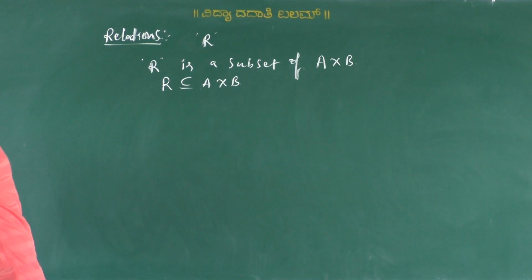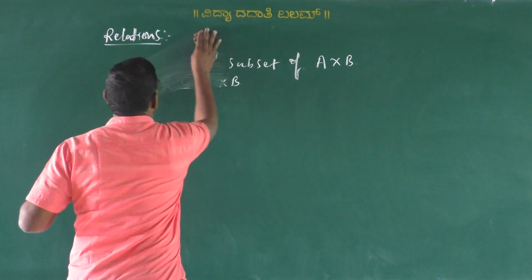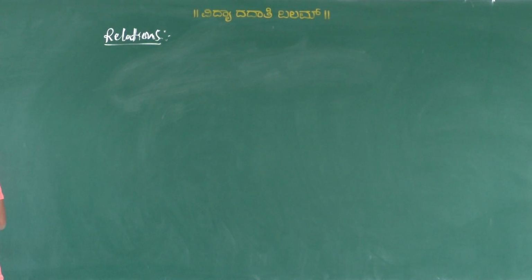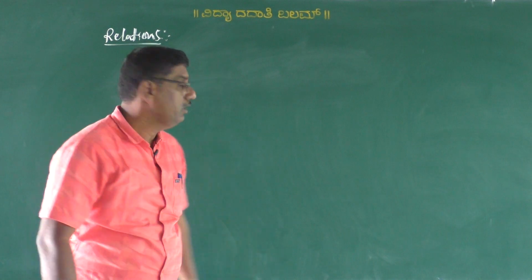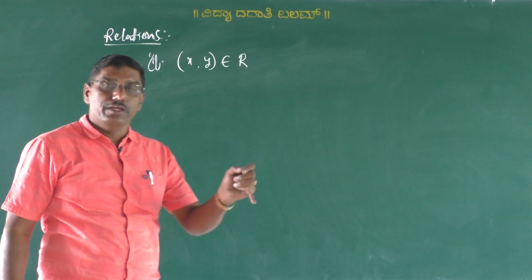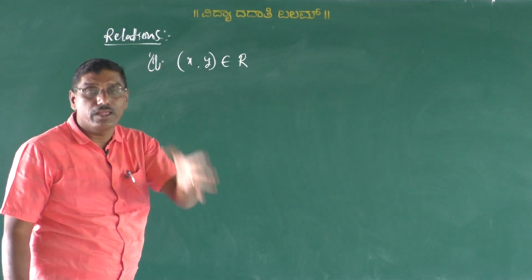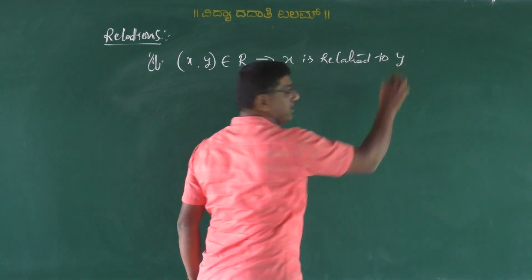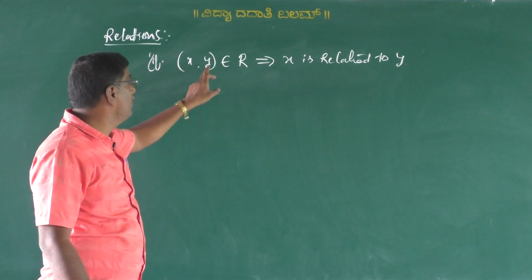Now we are going to discuss a relation R from a non-empty set A to a non-empty set B. If the ordered pair (x, y) belongs to R, it means that x is related to y, that is, the first element of the ordered pair x is related to the second element of the ordered pair y.